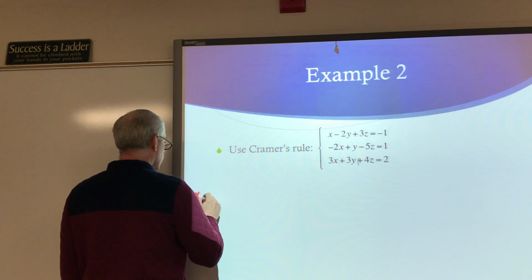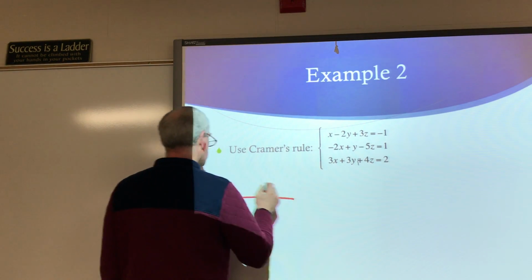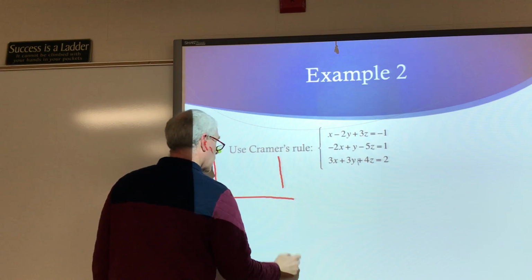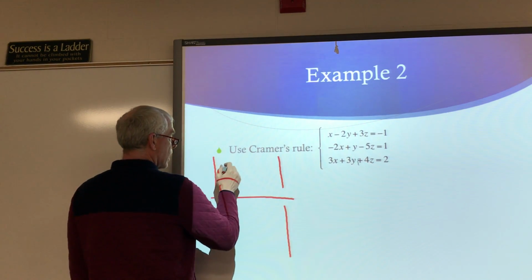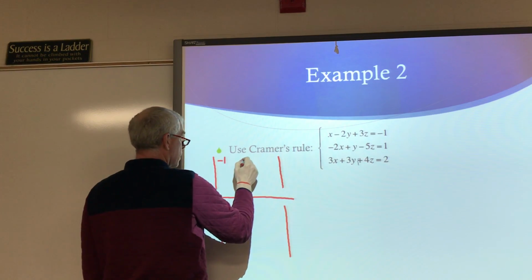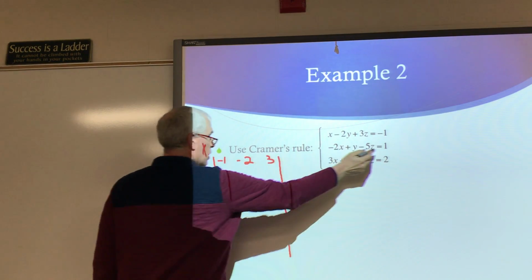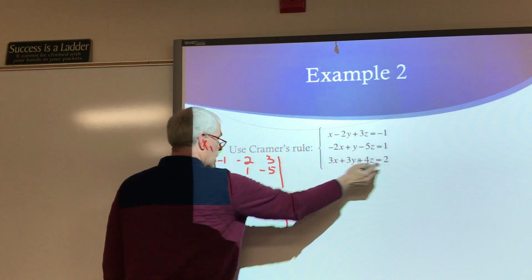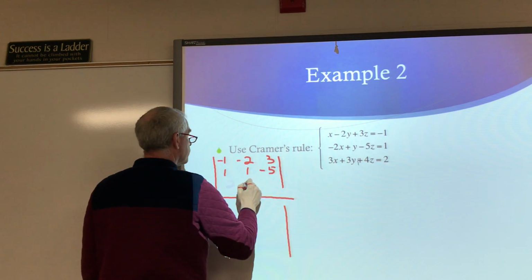So x equals, because I'm solving for x on the top, I'm going to replace the x's with that constant. So it's going to be -1, then -2, then 3. That 1 will go there, so 1, 1, -5, and then 2, 3, 4.